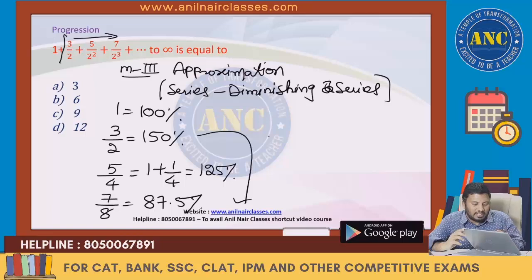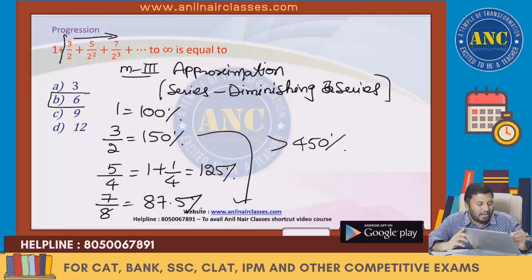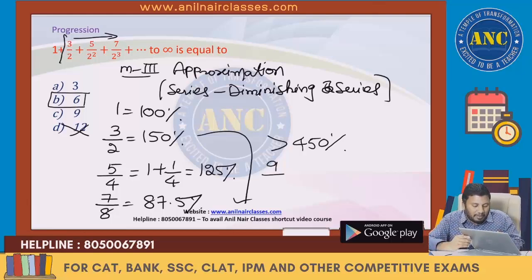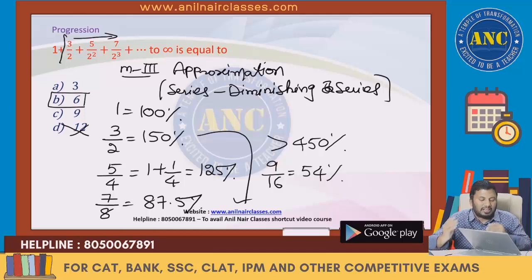So the answer is greater than 375 percent. The answer should be just greater than that, the lowest value that will come, because after 87.5, the next will become 9/16, which is 56.25 percent. The value is diminishing.